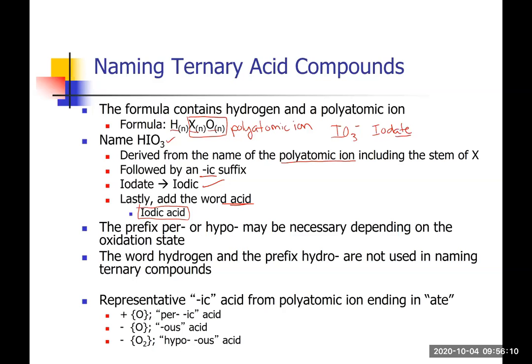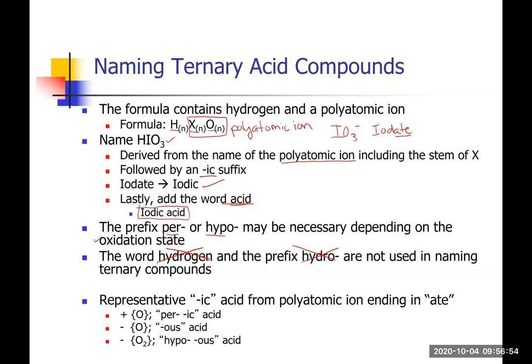The prefix per- or hypo- may be necessary depending upon the oxidation state of the oxyacid that we're looking at. Note that the word hydrogen is not used in naming ternary oxyacids, nor is the prefix hydro- used in naming ternary oxyacids. There is a hydrogen there, but we assume it's there because we're naming an acid, and we name this acid based on the polyatomic ion again, including the stem of X. So let's go through some examples of when we might need to add per- or hypo-.